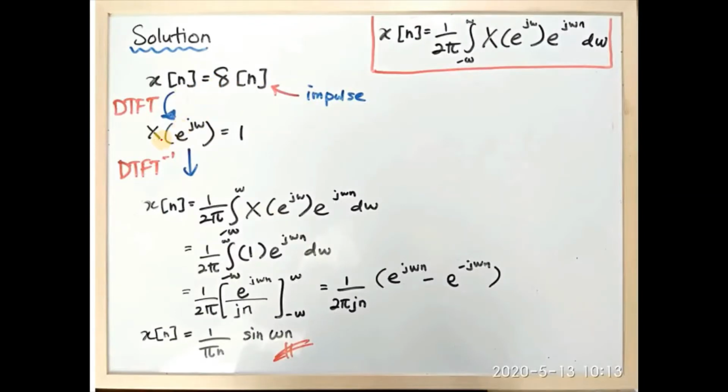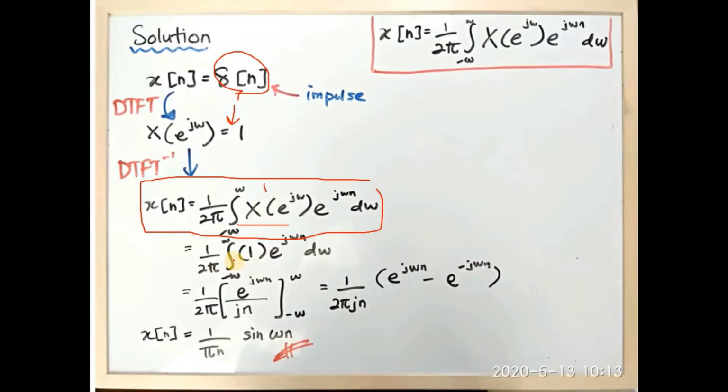So let's say that we have X(e^(jω)) equal to 1. This is the general equation: x[n] equals 1 over 2π, integral from minus π to π of X(e^(jω)) e^(jωn) dω. The value of the signal is 1, so substitute 1 into it.